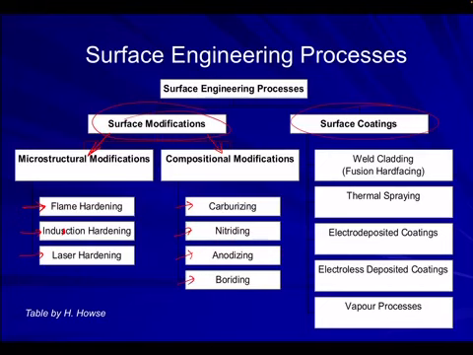And then the second big category is surface coatings. Maybe a weld cladding, so fusion hard facing, or a thermal spray that you add, or electro-deposited coatings, or electroless deposited coatings, or vapor processes. So lots of different surface coatings that you can apply.